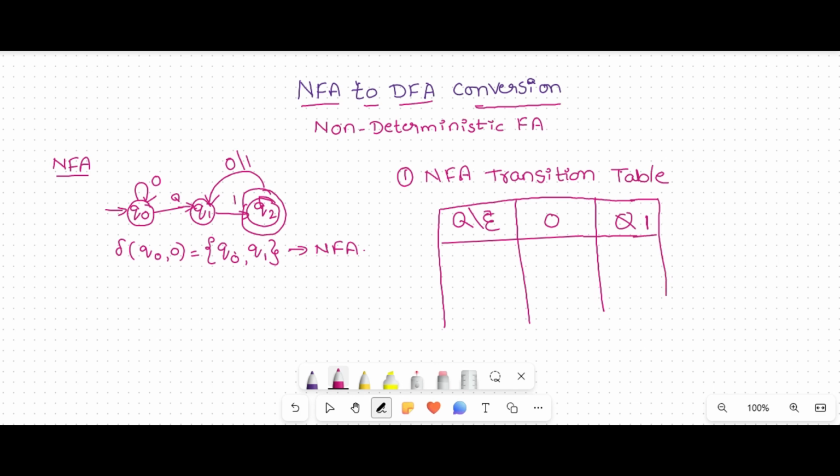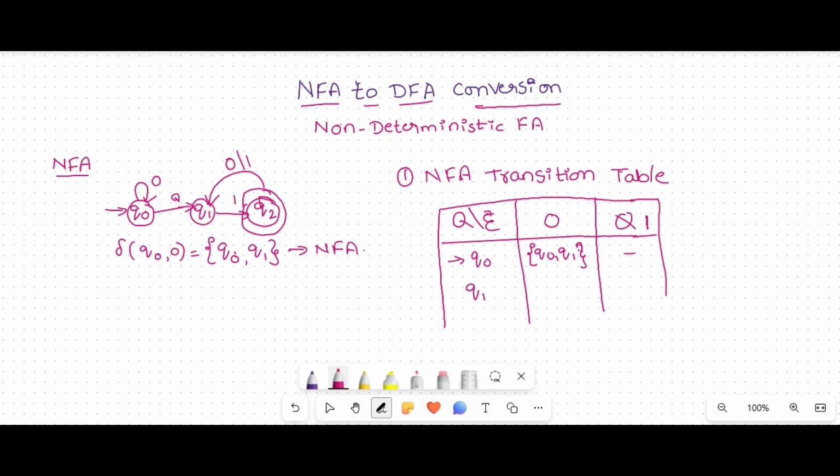Now I am writing the transitions. Q0 is the initial state. Q0 with a 0, it is going to Q0, Q1. Q0 with 1, there is no transition, so just put a hyphen.